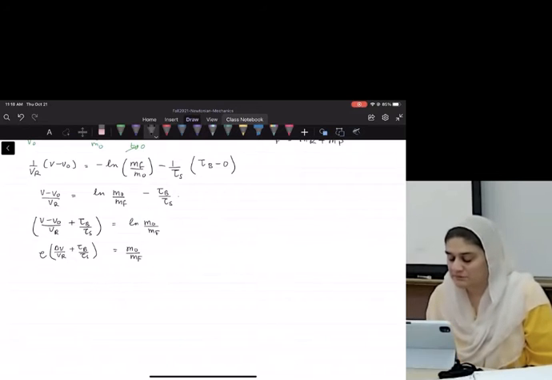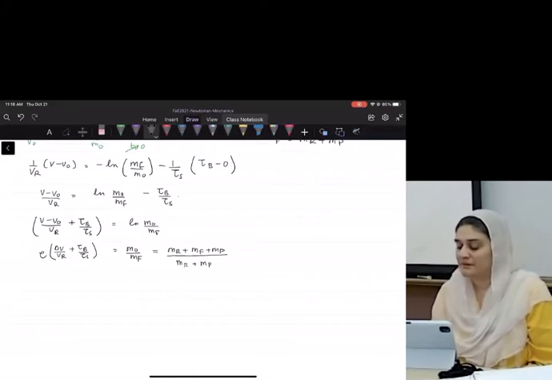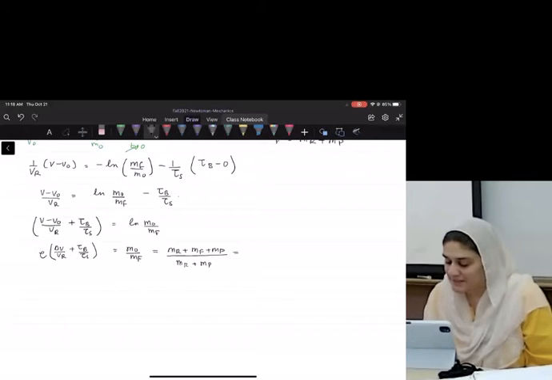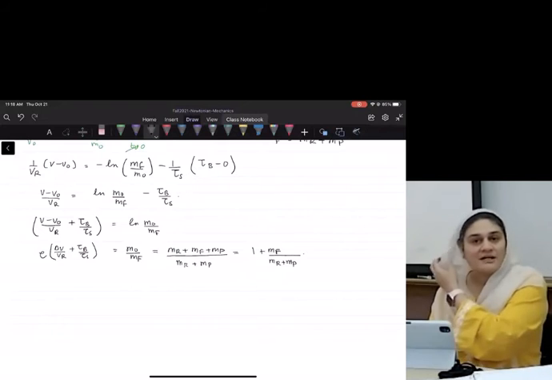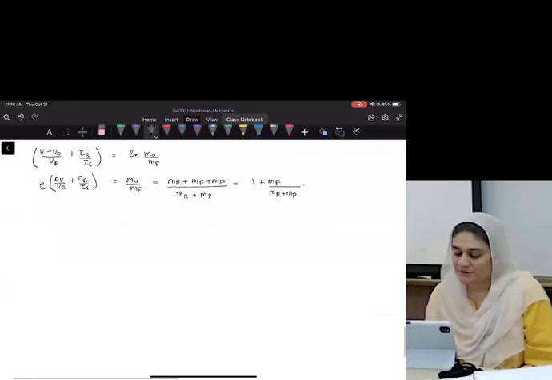What was M0? Mass of the rocket plus mass of the fuel plus mass of the payload divided by mass of the rocket plus mass of the payload. May I rewrite this as 1 plus mass of the fuel divided by mass of the rocket plus mass of the payload? That's just algebra, right? Can I do that? Yeah. Okay, so far so good.